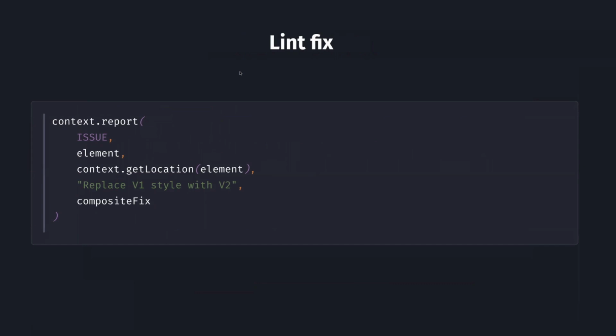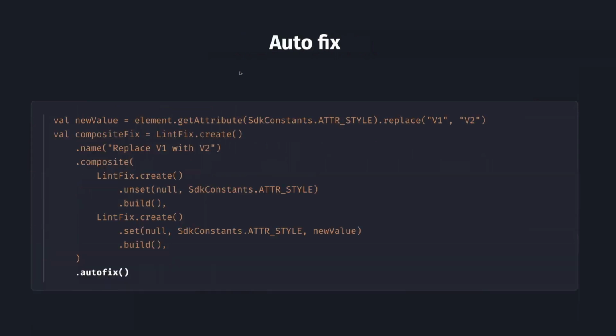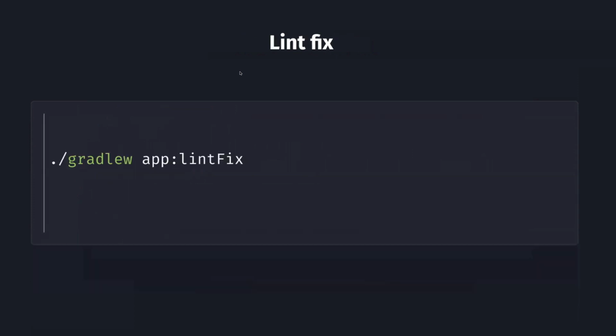It will tell you what issues are there, but if you call KTLint with the format parameter, it will actually try fixing whatever it can. Android Lint can do the same. All you have to do is add the autofix method at the end. And then if you call the lint fix gradle task, it will actually go on applying whatever lint autofixes it can.